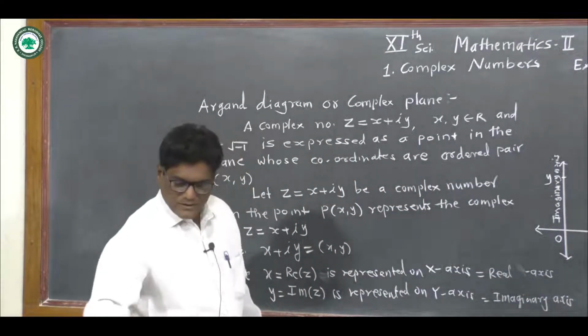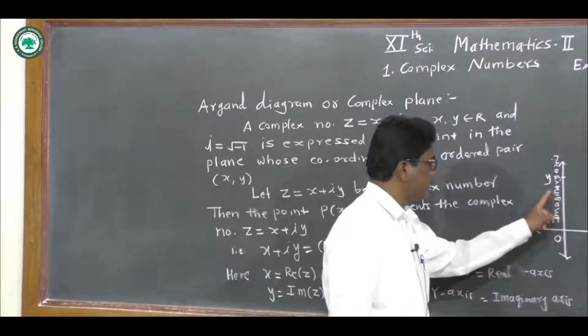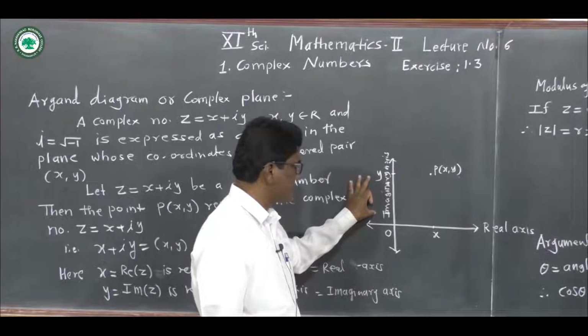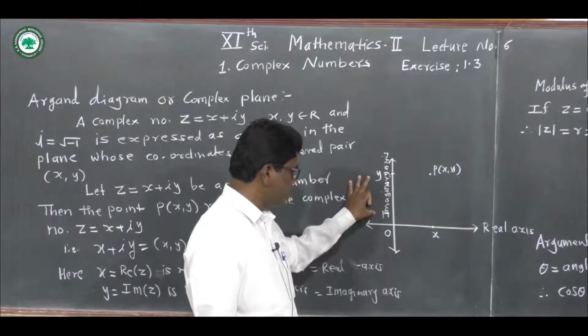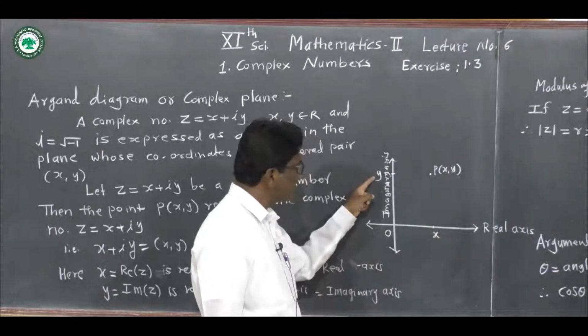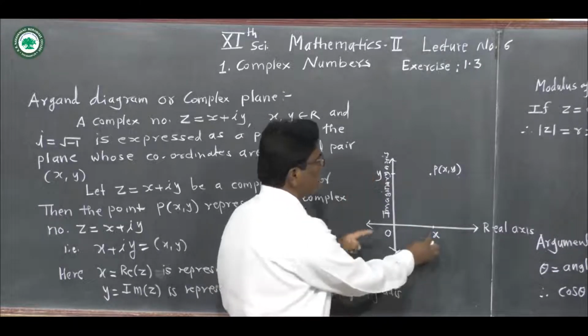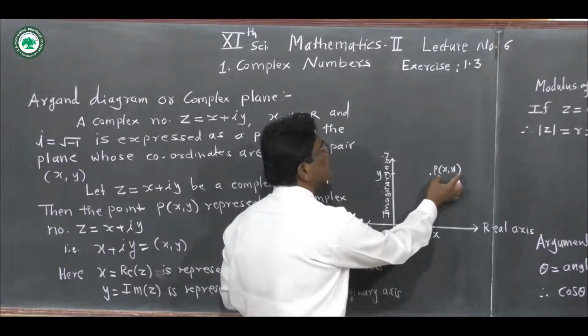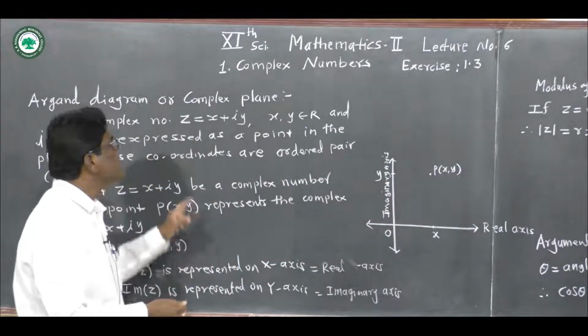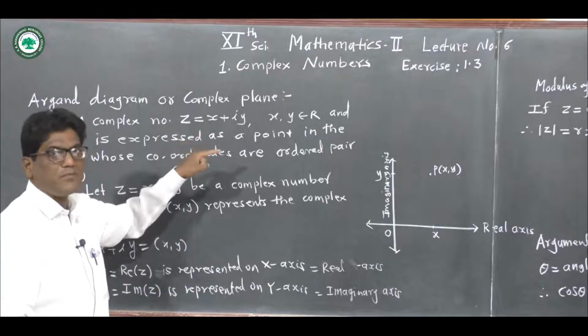If we consider the x-axis and y-axis, this is the real axis and this is the imaginary axis, and consider this real part x and this imaginary part y, and we draw the point P here. So this point P(x, y) represents the complex number z is equal to x plus iy.